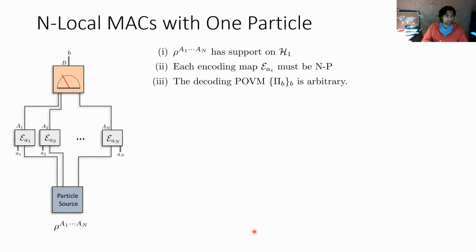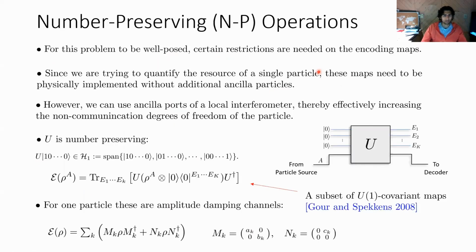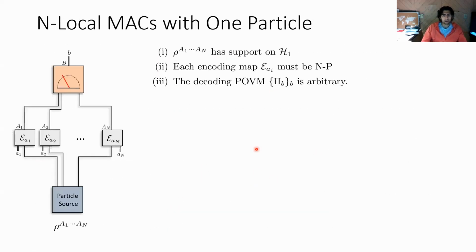Good. So this is now the rules of the game. You start off with some state here, and it has support on the single particle subspace. Each of the encoding maps must be an NP operation, meaning it must be generated in this particular way. Then there's just some arbitrary decoding POVM at the end.